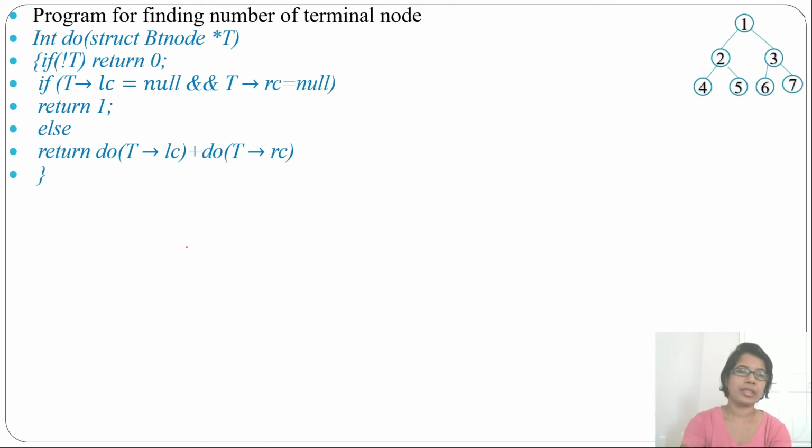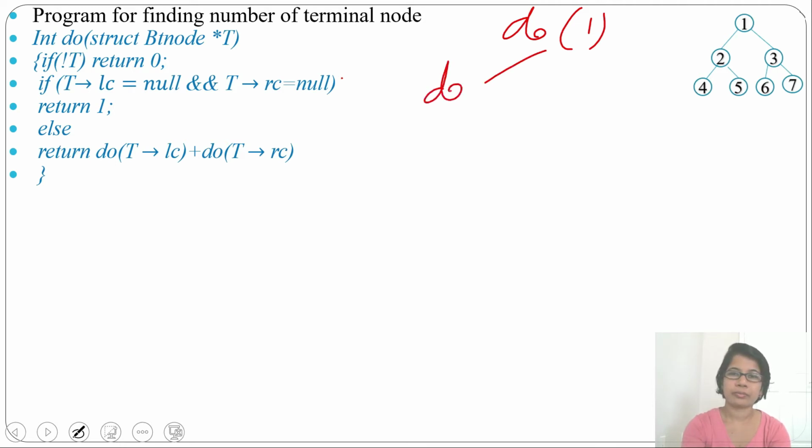Like first, int do struct bt node t, first it will be do 1, and when it calls 1, is its left child equal to null and right child equal to null? This condition will fail. Now it will go to the else part. So it will be do t left child, that is 2, plus do 3.